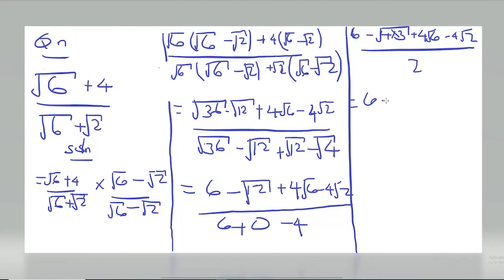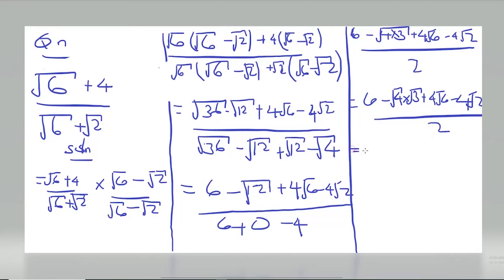Now 6 minus, this will be equal to under root of 4 times under root of 3 plus 4 under root of 6 minus 4 under root of 2 over 2.